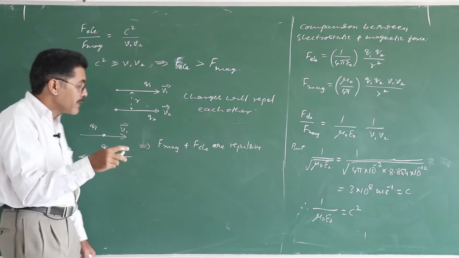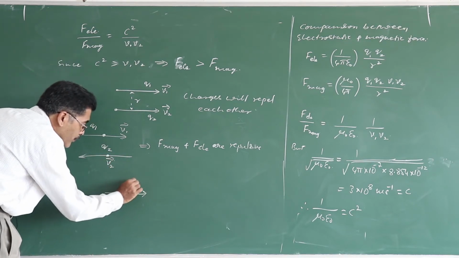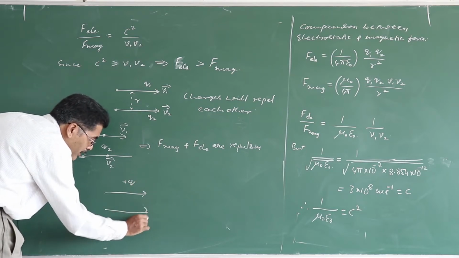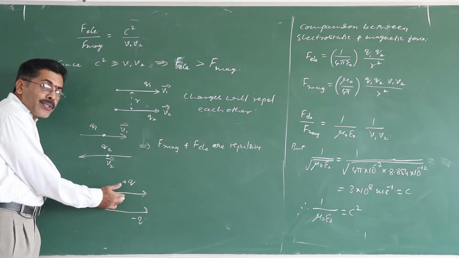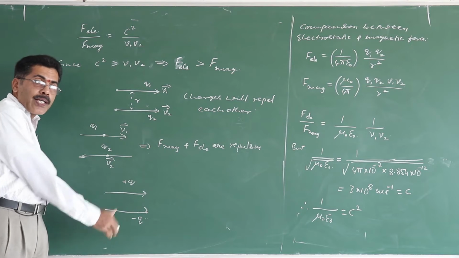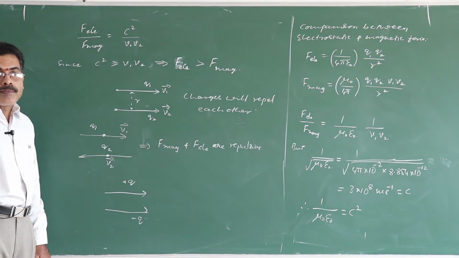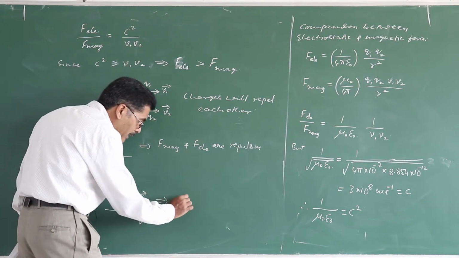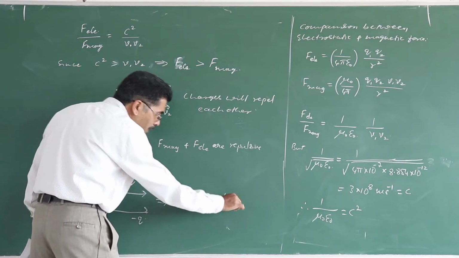Here if you take one positive charge Q and another negative charge minus Q, moving along the same direction, electrostatic force is attraction but magnetic force is repulsion. Net force is attraction, therefore there will be net attraction.